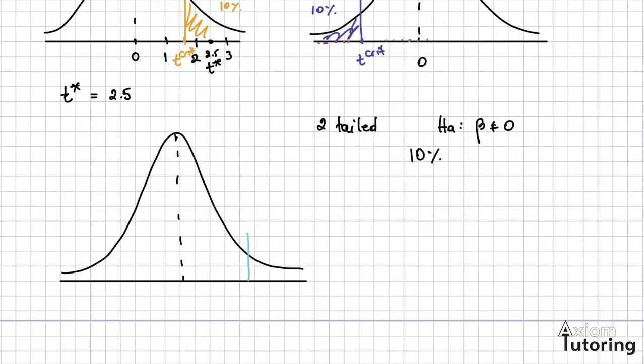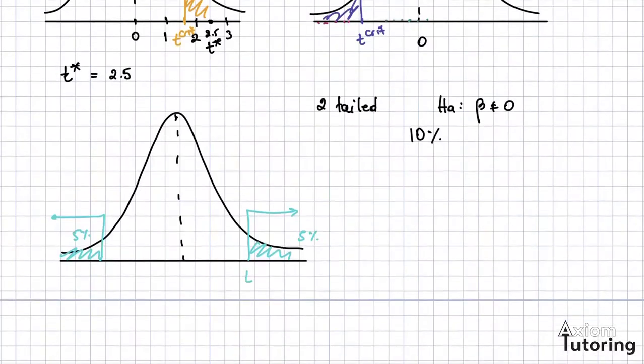So you have this area here of 5% and this area here of 5%, which means you have t critical for 5% and then minus t critical for 5%.